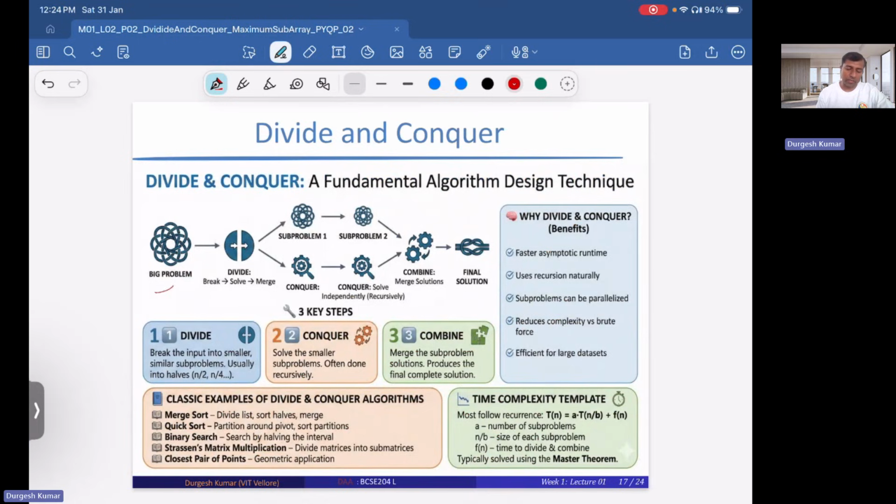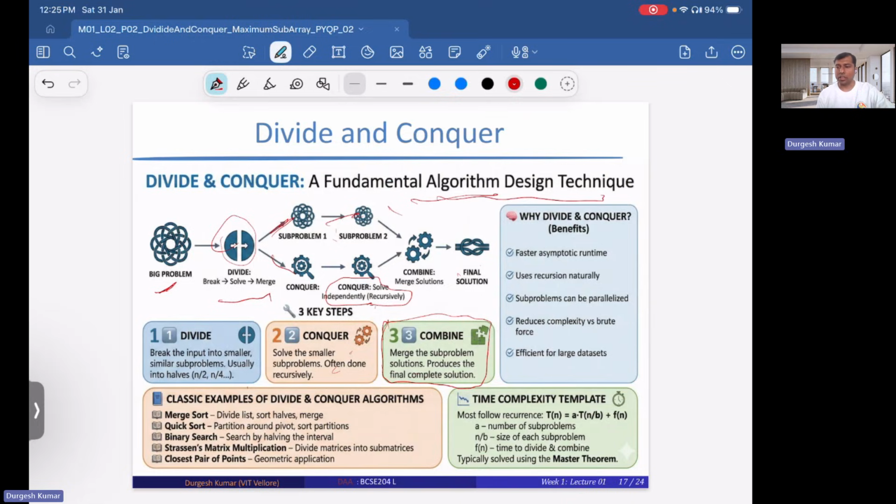You recursively divide the big problem into smaller subproblems until the smaller problem is small enough to be solved directly. Okay, so you divide the large problem into subproblems, recursively do like that, and conquer the smaller subproblems recursively. After that, you combine the subproblem solutions to produce the solution of the original problem.